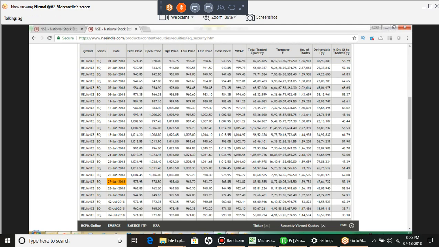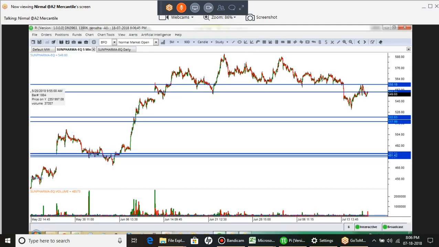What may happen is that by the result time, it will find a reason to drop. And the moment it drops to this level, smart buyers will come in and immediately buy, and the price will start breaking all the resistance levels. This is what I have seen, how these events are utilized.